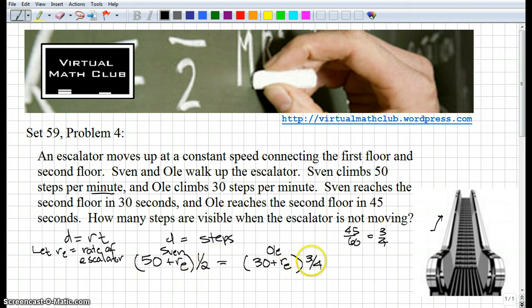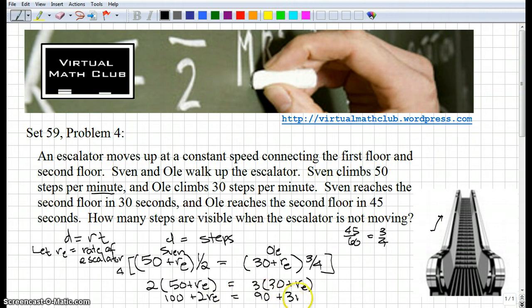First thing I want to do is get rid of the fractions, so I'm going to multiply both sides by 4, so the equality still holds. Now I have 2 times (50 plus RE) is equal to 3 times (30 plus RE). I just multiplied everything by 4. Now let's multiply through. So we have 100 plus 2RE is equal to 90 plus 3RE.